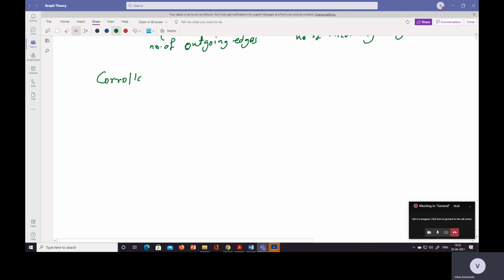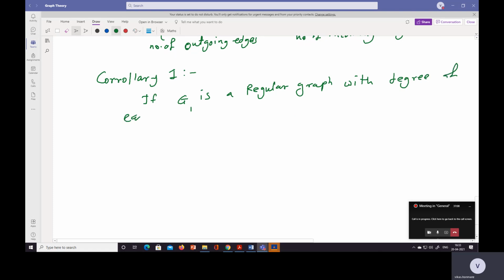So corollary 1: if G1, graph 1, is a regular graph with degree of each vertex k, then k into number of vertices is equal to 2 into number of edges.